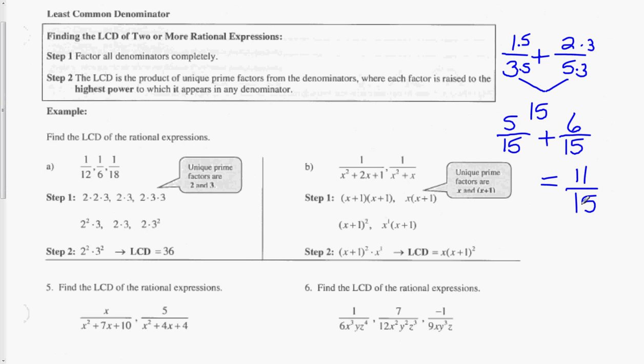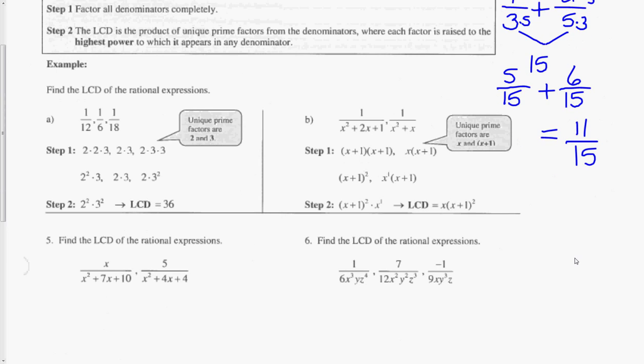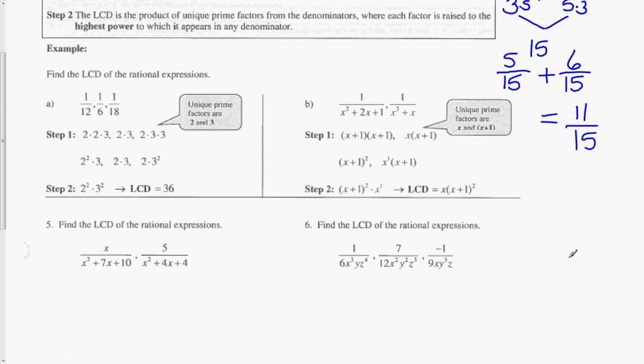So when we have expressions in the denominators, the way you will find a common denominator is you will first of all factor all of your denominators. I'm not really going to concentrate on ones like this. I don't do the prime factorization to find the LCD.